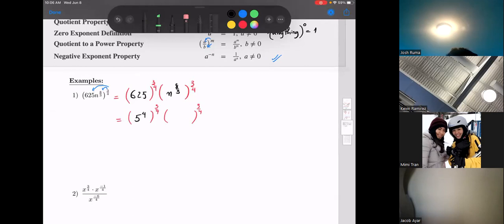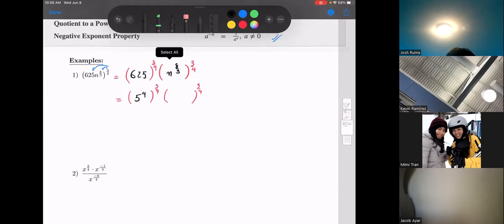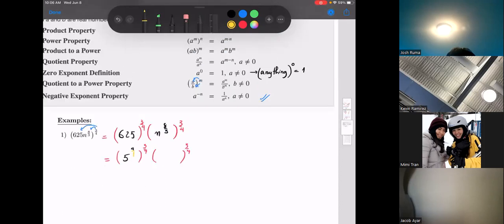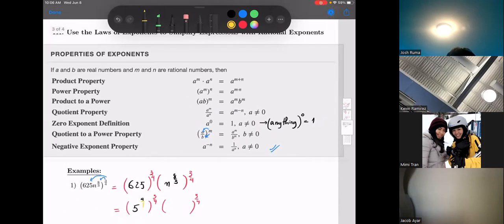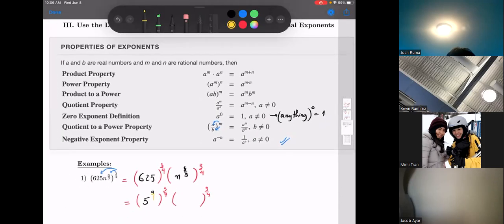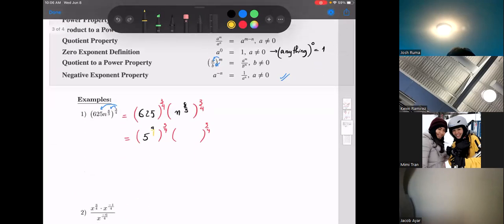Let me do one thing at a time, so I don't rewrite everything. Let's do the number first. So 5 to the 4, same thing as 5 to the 4 over 1, right? And then using the rule, what rule was it? Power property. You multiply the powers.